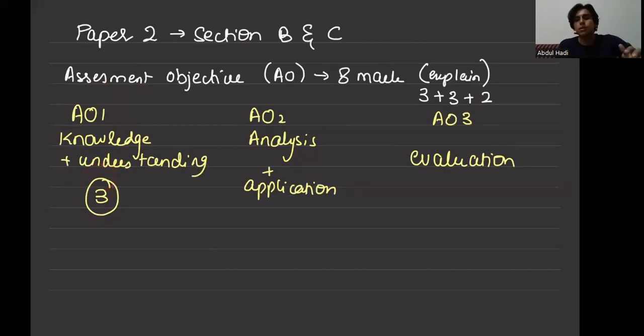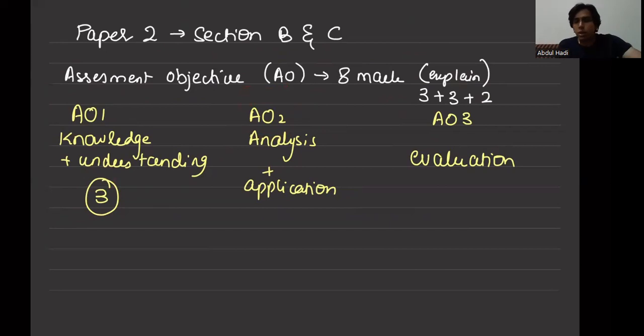Now talking about analysis and application. If the quality of your answer matches the caliber of the examiner, and you have given analysis and application in your answer and you're linking with the economy and with the case, you'll get an extra 3 marks. Your answer will now come in the border of AO2, which can be from 3 marks to 6 marks.